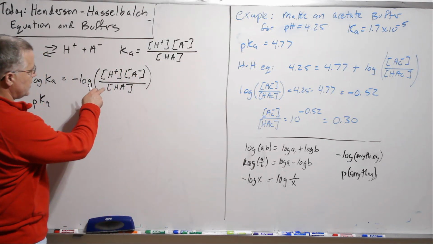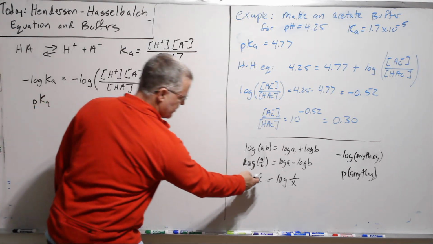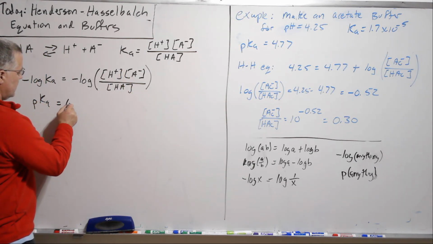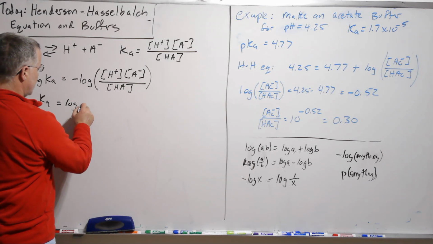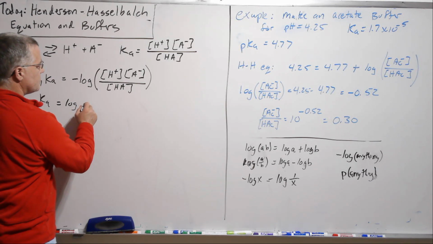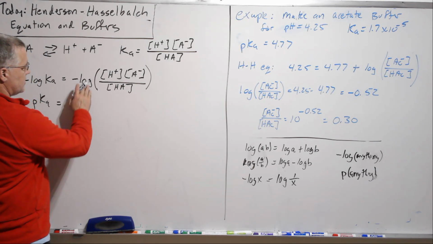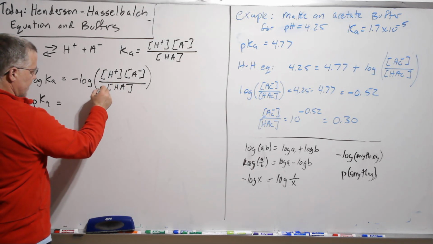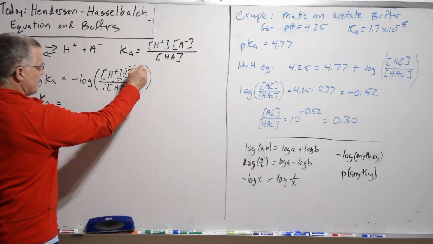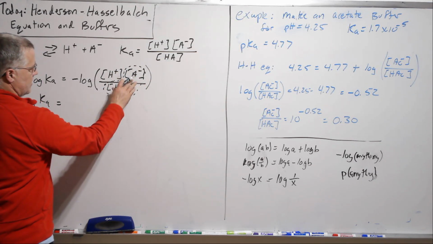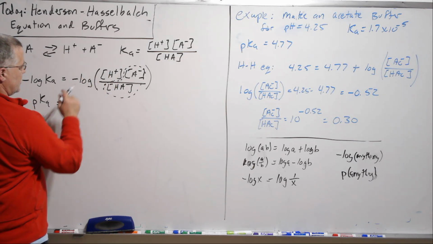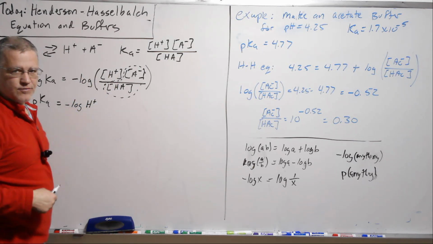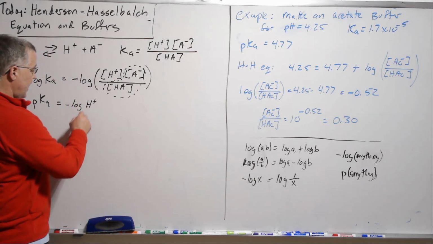Let's use this property here now to flip this. No, sorry, let's not do that. Let's break up the log here like this. I'm going to treat that as one thing times this thing. So I'm going to have minus log of H plus. The reason we want to do that is to isolate a pH term here.